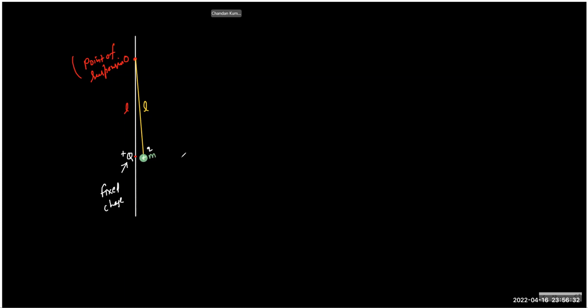So what will happen? Both will repel each other, and the string is suspended at the point O.